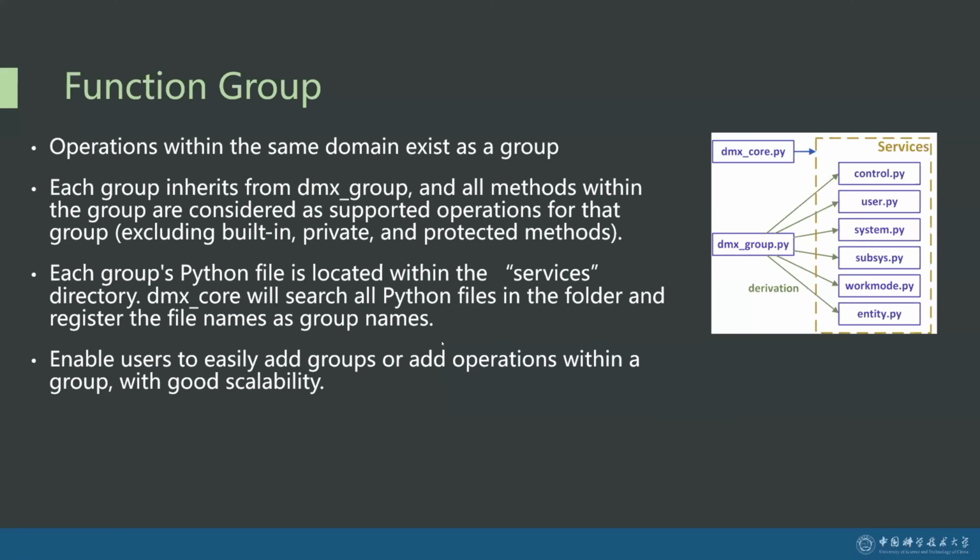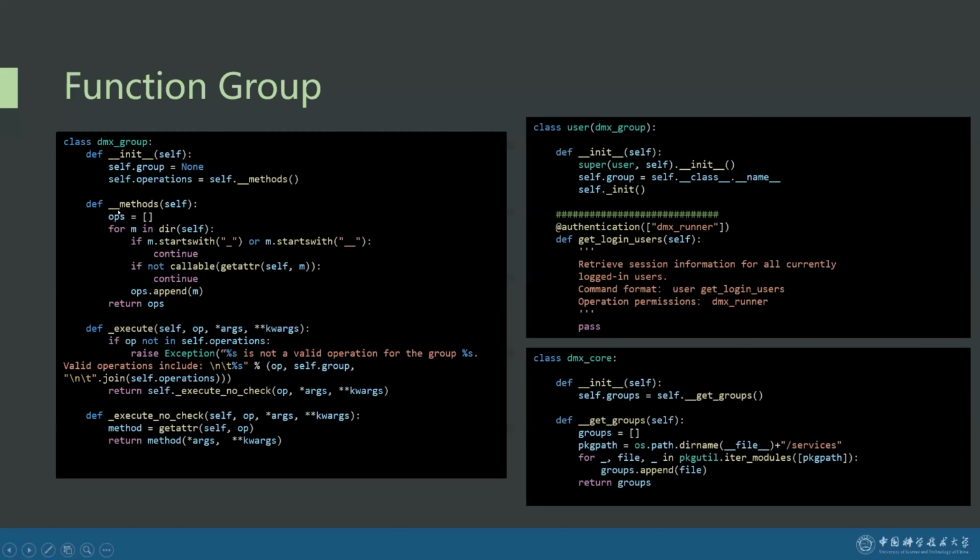Okay, let's go into some code. In the dmatrix group class, we define the property operations. It is generated from the methods function, and it will return all the callable methods of self. The dir method can return all properties and methods of this object.